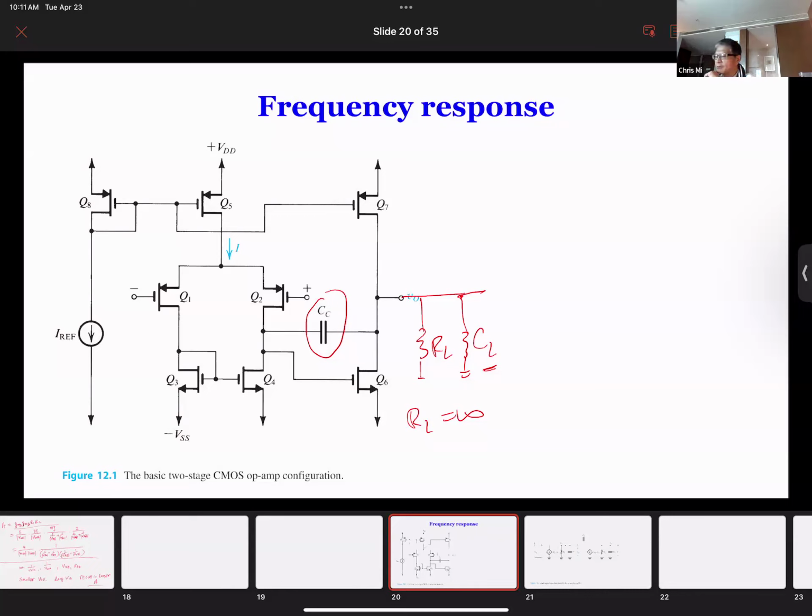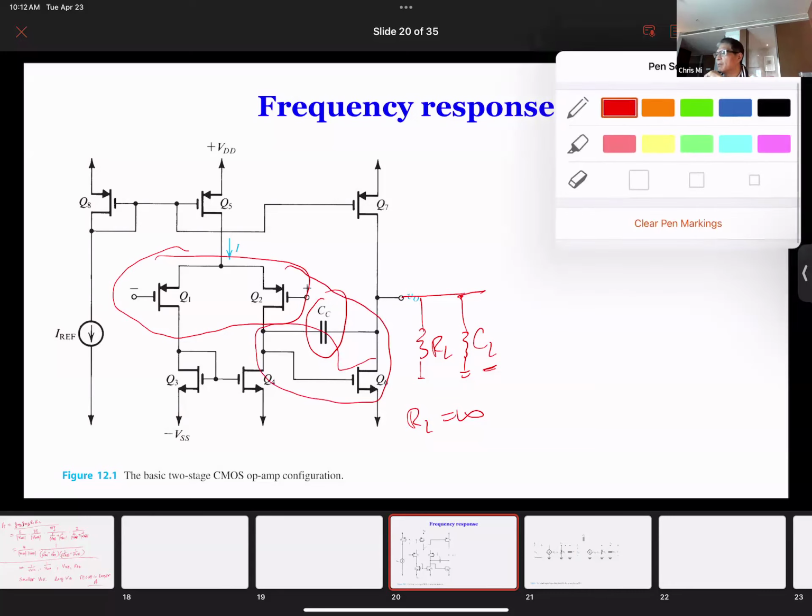And in order to talk about the frequency response, of course, we just need to look at really just these two stages. So basically, if I redraw this, what we're going to be looking at is just this.